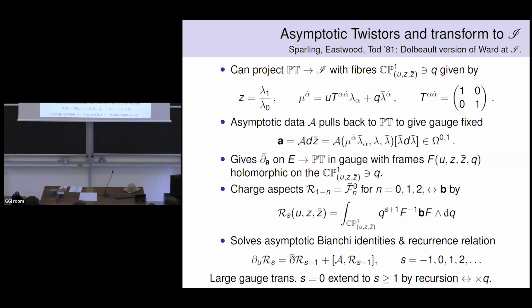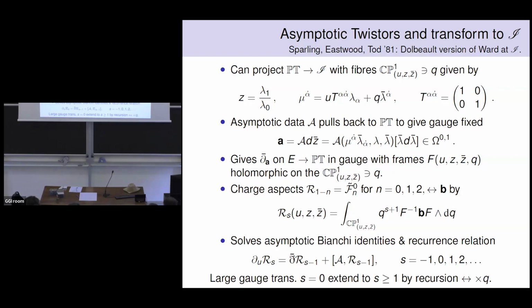But we can then ask, how do we get the anti-self-dual field out of the B data? Because we have a simple integral formula here. If you take the standard Penrose integral formula at null infinity, for r equals -1, 0, and 1, that will give the components of the anti-self-dual field at null infinity.